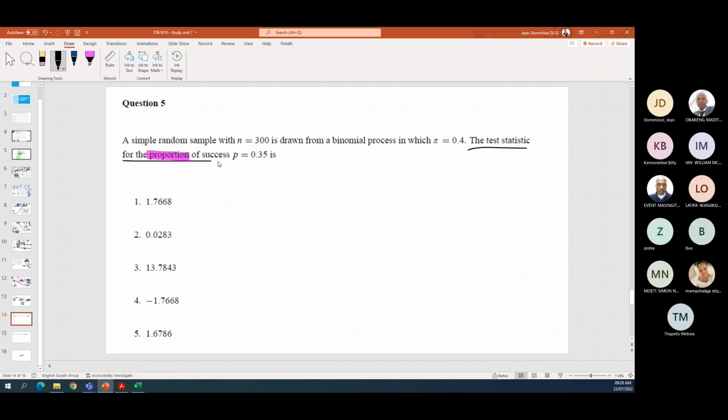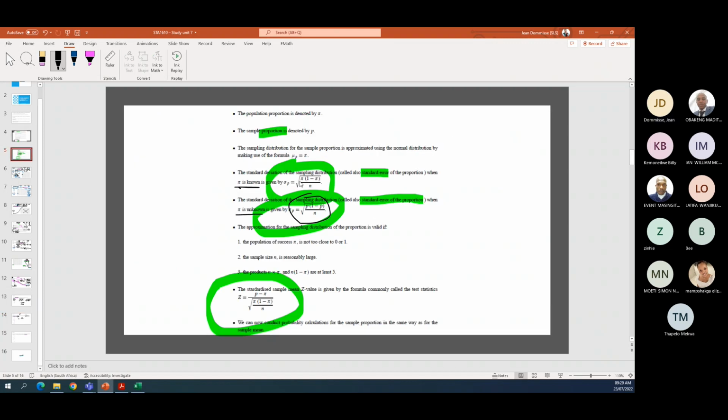Okay, so we only need to work out the Z. Okay, so simple random sample. There's one, there's the other one. So let's see, we've got that formula. We go back to the original.